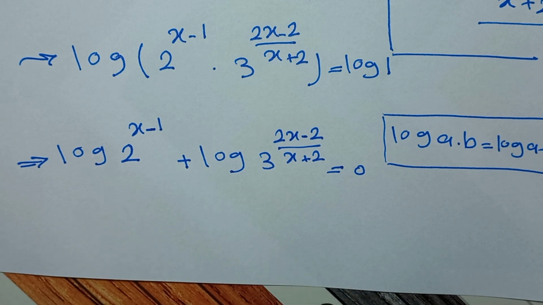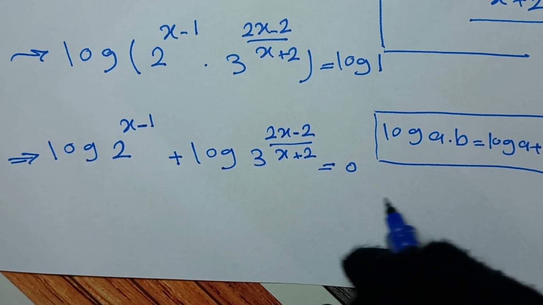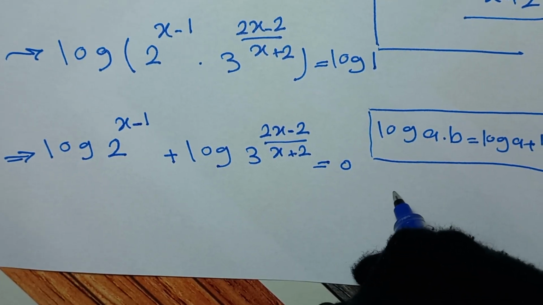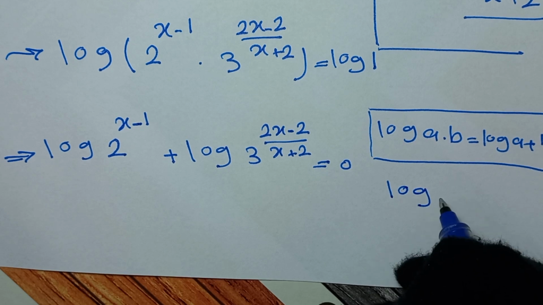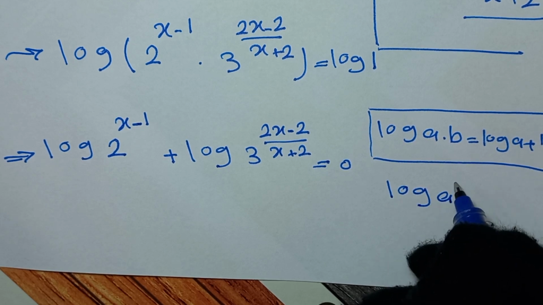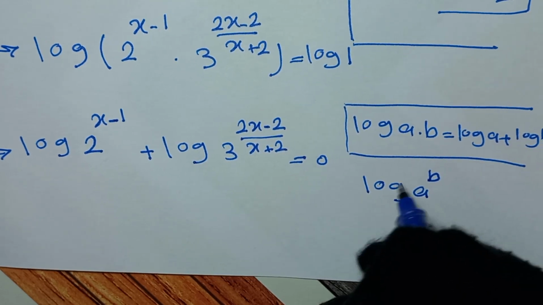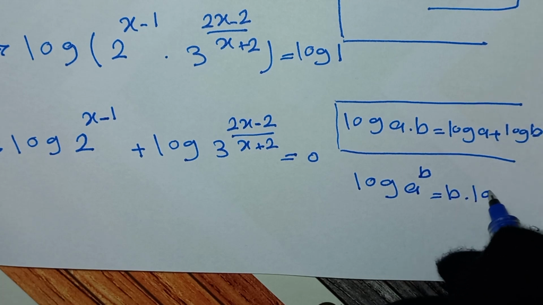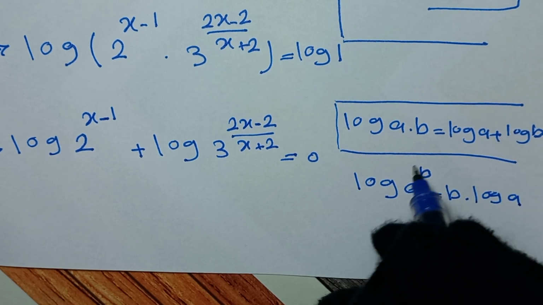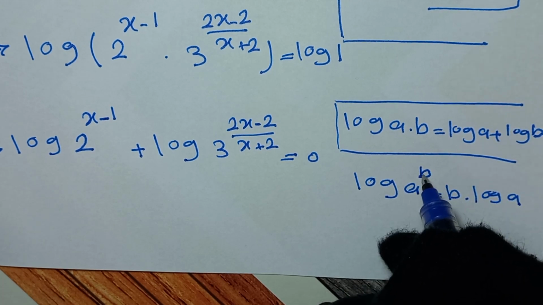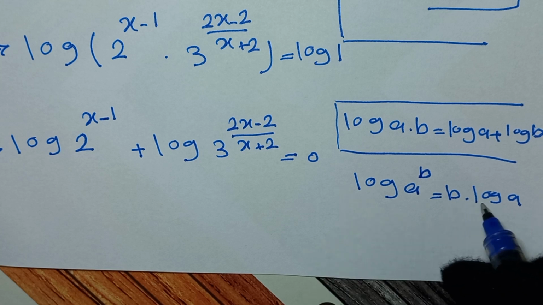And in the next step, from log rules, if we have log of a to the power of b, this is equal to b times log of a. Here we can take this power b outside of the log. It will be b times log of a.